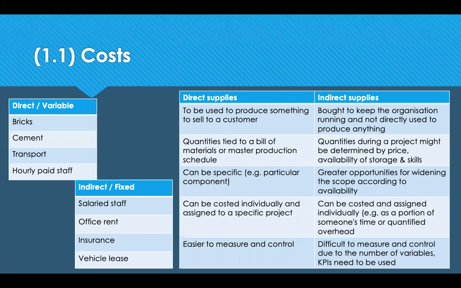Items can be costed and assigned individually, like a proportion of a programmer's time or something that's quantified as an overhead. And it can be difficult to measure and control due to the number of variables. So KPIs or key performance indicators are used extensively with indirects.